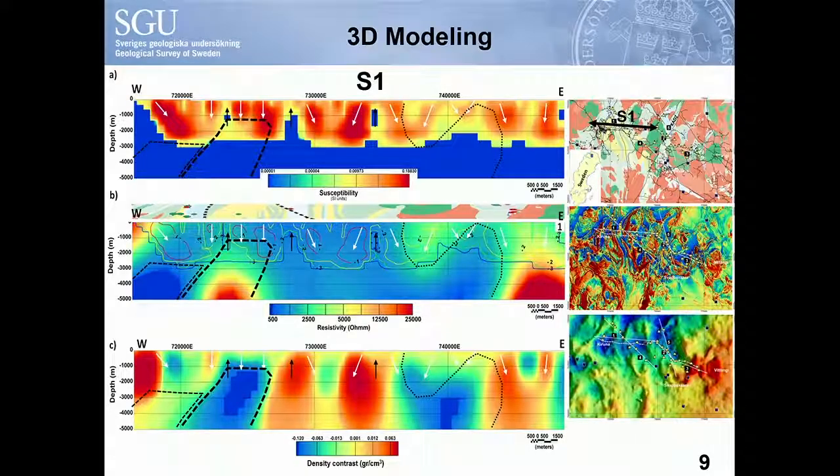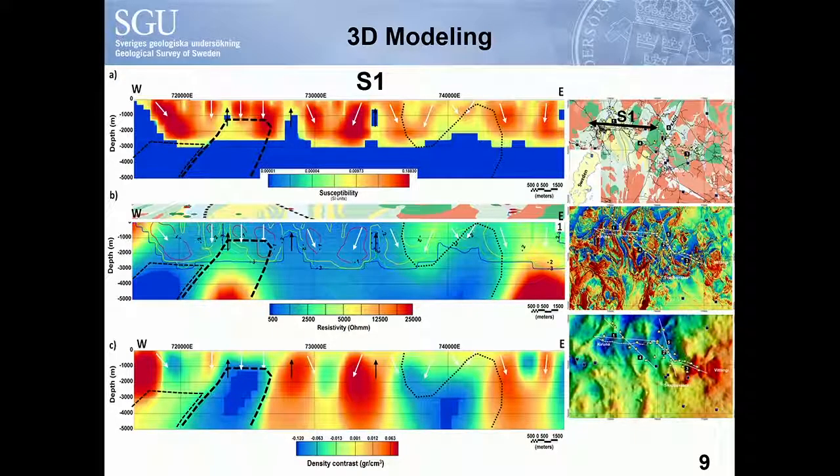So here you see section 1. We have the susceptibility model, the resistivity model, and the density contrast model. What we tried to do was use these white arrows to indicate the shallower structures, which we see most dominant on the susceptibility model.